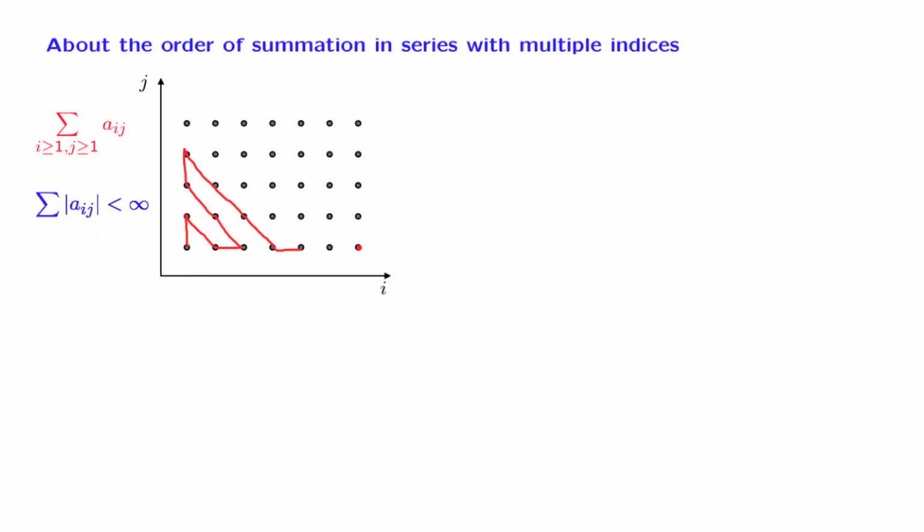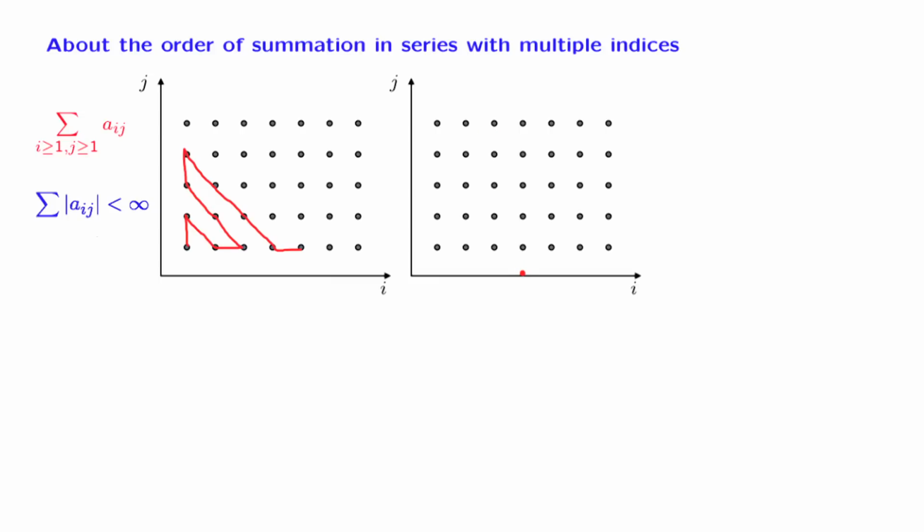There's another way that we can add the terms together, and this is the following. Let us consider fixing a particular choice of i and adding all the terms that are associated with this particular choice of i as j ranges from 1 to infinity. So what we're doing is we're taking the summation from j equal to 1 to infinity while keeping the value of i fixed.